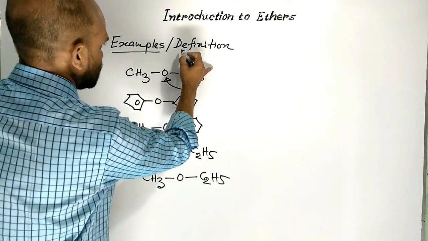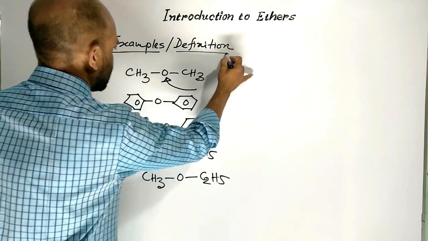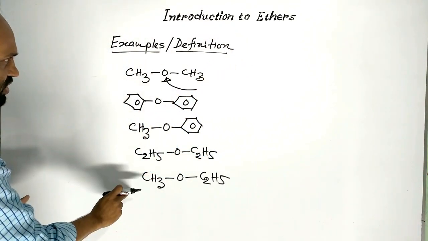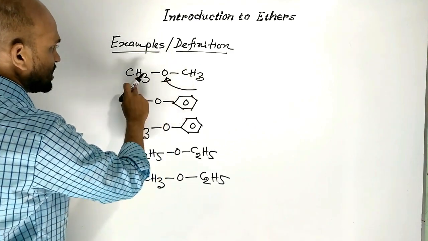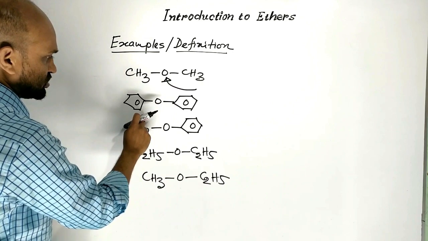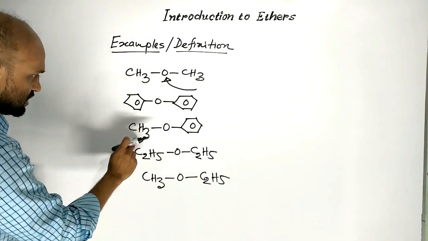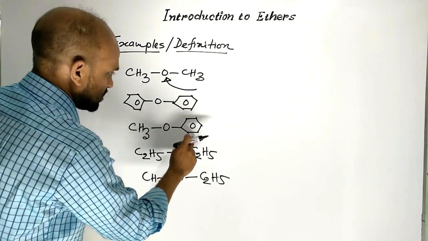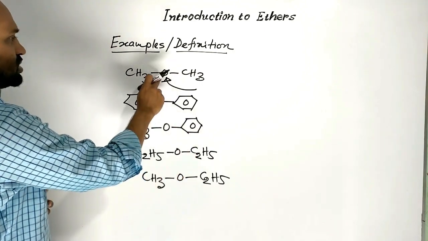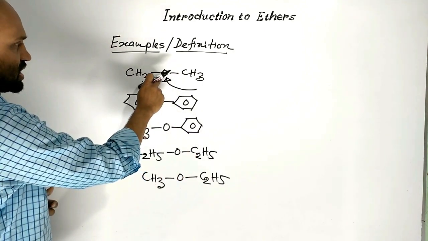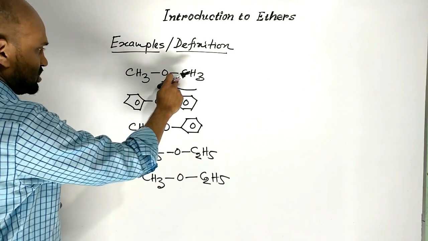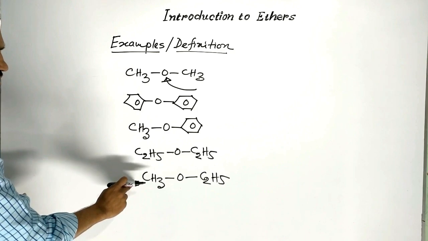Now, let us see what the definition of ethers is. The compounds wherein two alkyl groups or two aryl groups or an alkyl group and an aryl group are linked up with a divalent oxygen atom through sigma bonds are called ethers.